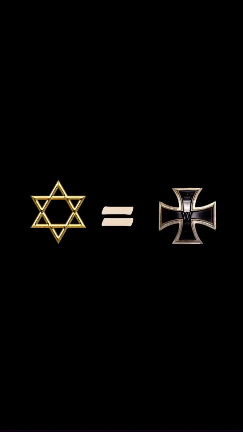Iron Cross in World War I, Iron Cross in World War II, and this of course is the cross of the Teutonic Knights. Wilhelm I responsible for World War I, Uncle Walt for World War II. So these 2 symbols are connected.